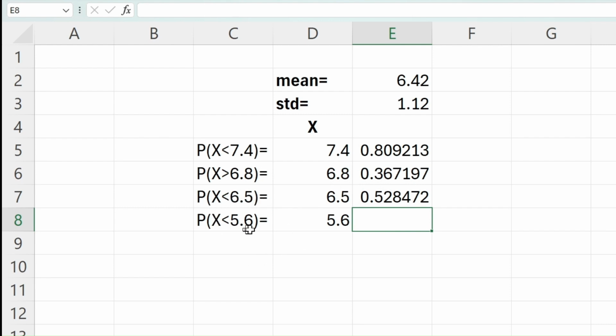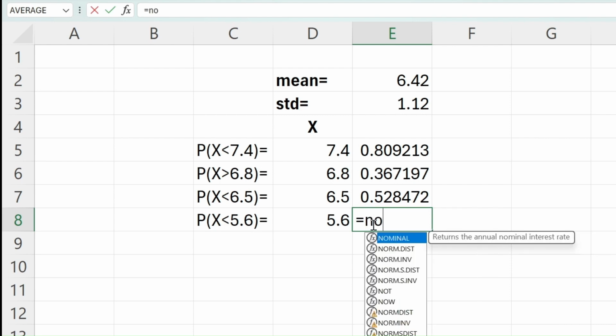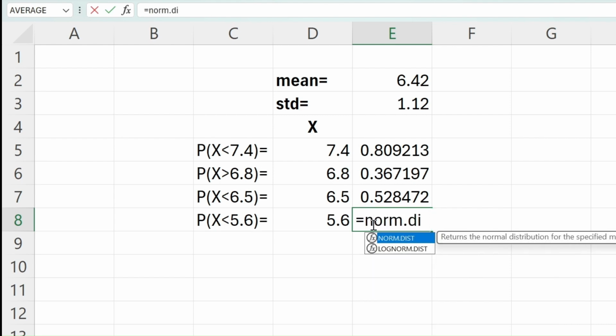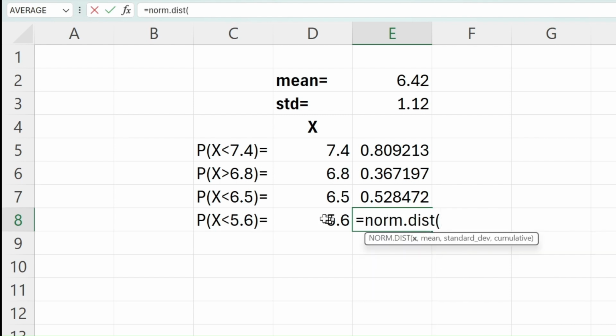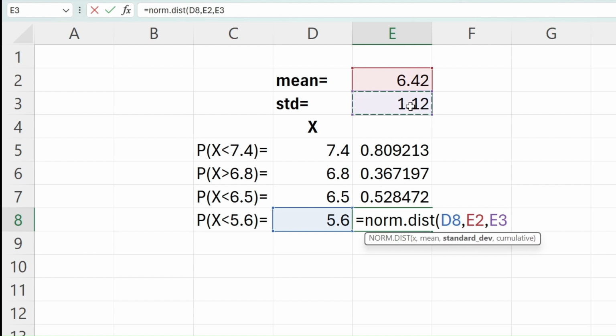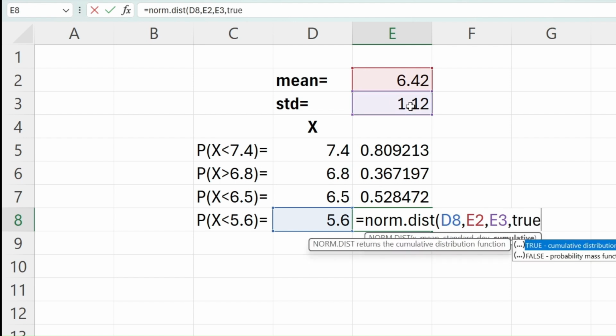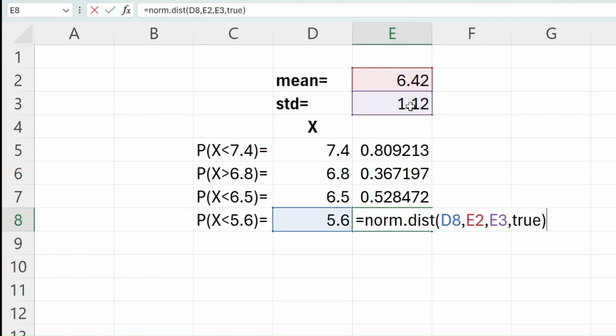Now calculate the probability in this case. So use the same command, is equal to NORM.DIST open bracket value of x comma mean comma standard deviation, then cumulative. Yes, so write true and close this bracket. Make sure when you are writing this formula, these parameters are followed by the comma, not with the colon.